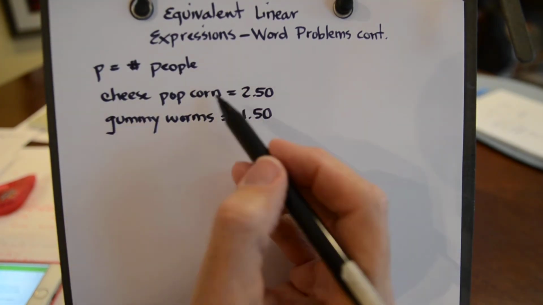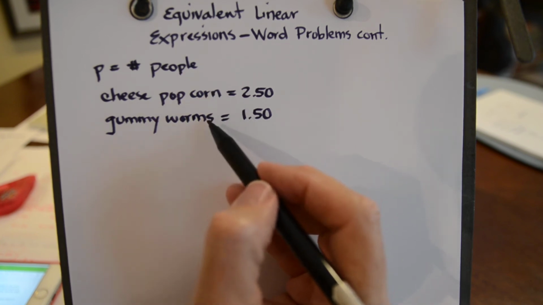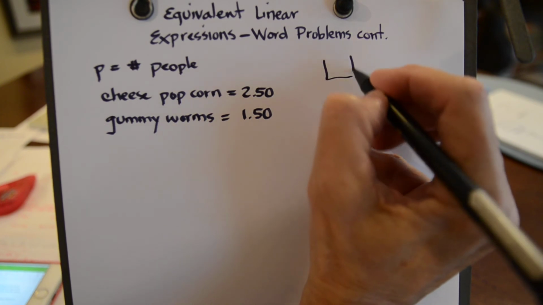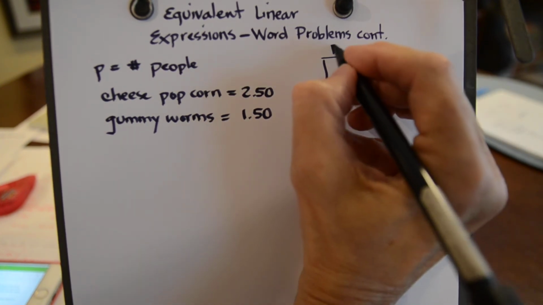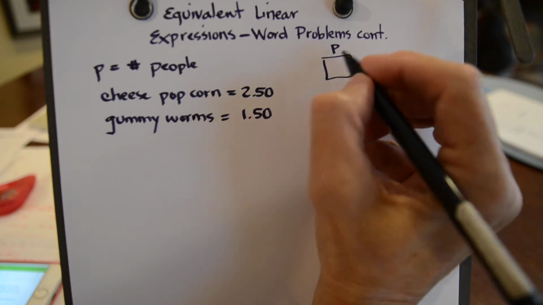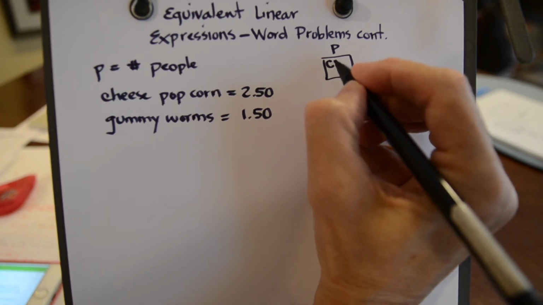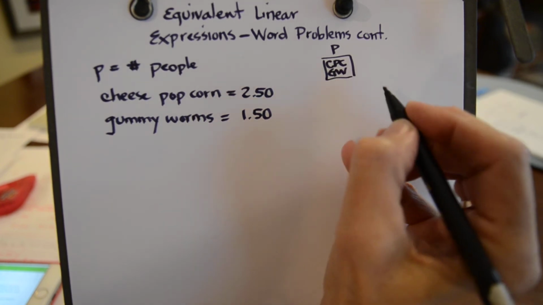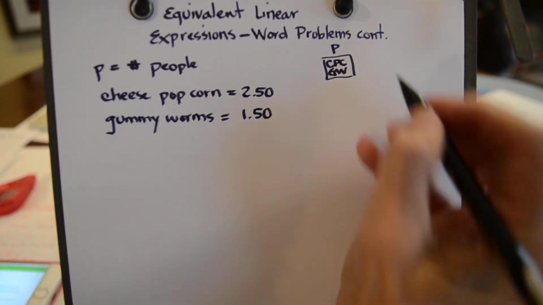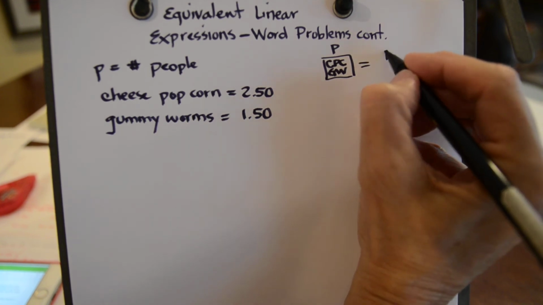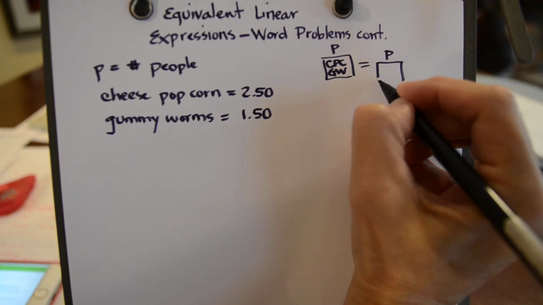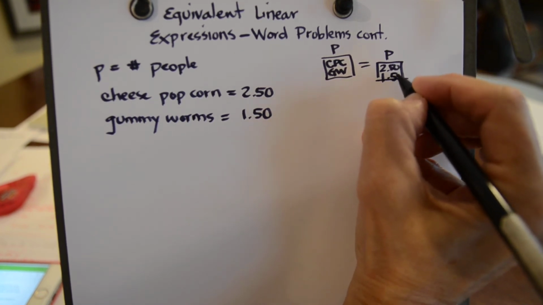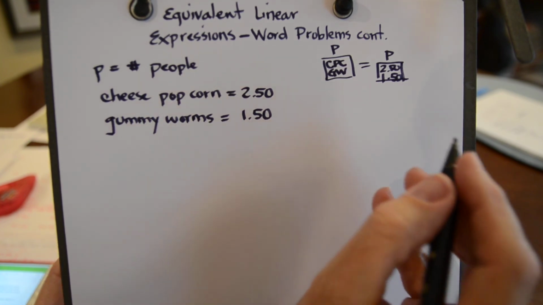And we want one of each of these for each person. So let me draw a little picture here. If this is my one person, I want each person to have the cheese popcorn and the gummy worms. I want to equate it to my one person having something that is going to cost $2.50 and $1.50. So now you have an idea of what we're doing.